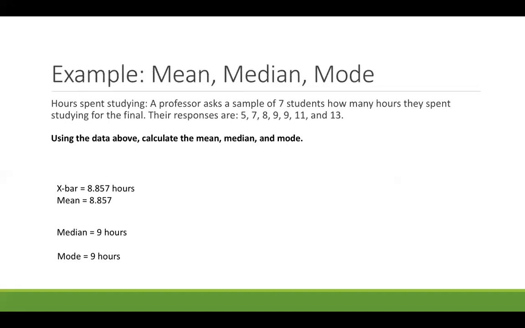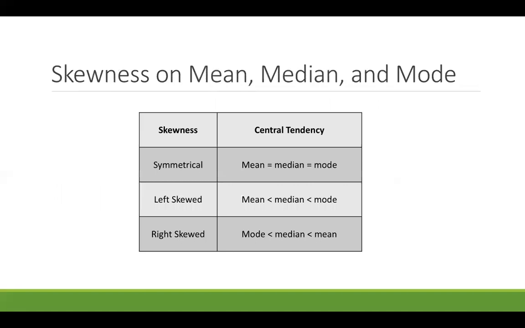This doesn't mean that median and mode are always equal. We just have two 9s there, and that is the most. So before, we talked about skewness and we talked about mean, median, and mode. And skewness does have an effect on the mean, median, and mode in graphical terms.